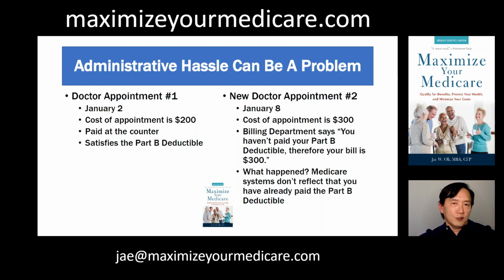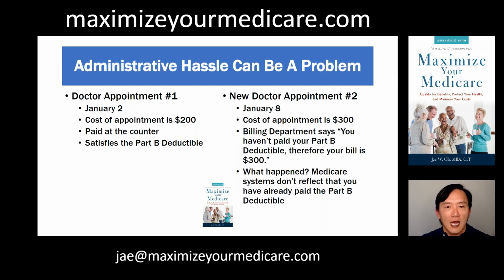A person goes to the doctor on January 1. And we're going to have to hit pause here. Now, some people have come to me and said, Jay, this kind of thing just doesn't sound realistic. Well, here's an example of something that can and does happen.